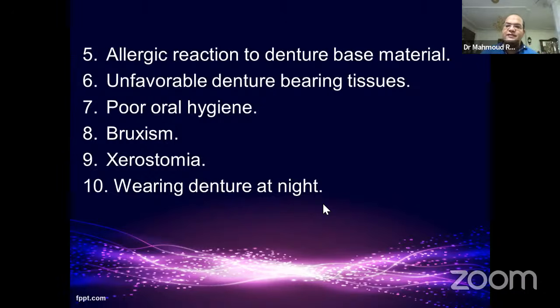He must have a period of rest, as we said, about 8 to 10 hours daily, in order to give the mucoperiosteum the chance for blood circulation to reach it and decrease the amount of bone resorption for our patients.